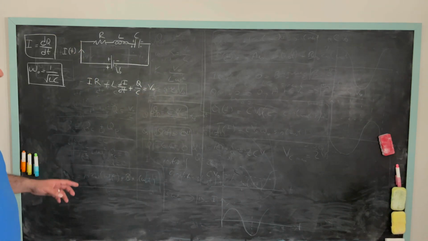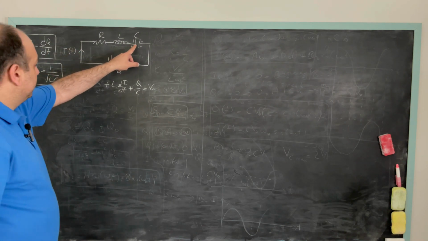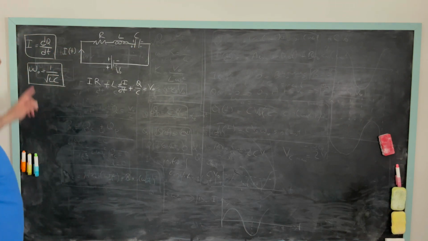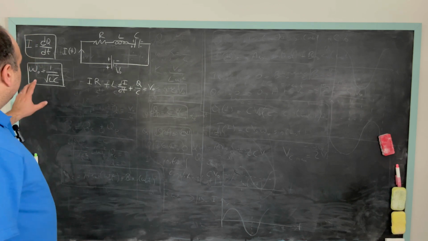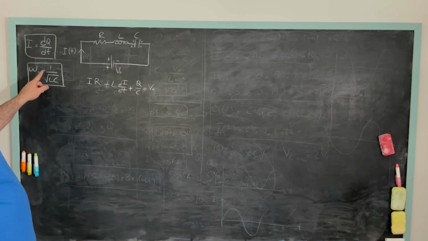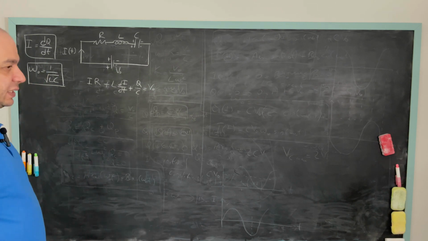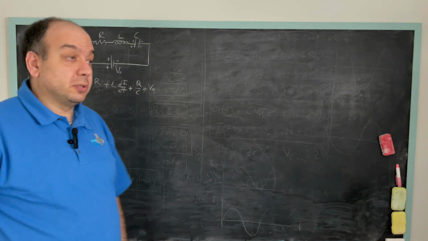As I know, I is related to the charge on this capacitor through this relation: I is equal to dq over dt, and I have already defined omega naught as 1 over square root of LC. It was the natural frequency of an LC circuit.